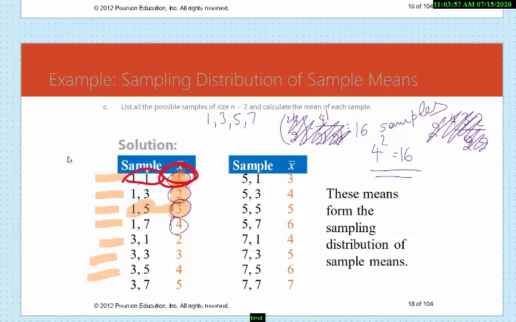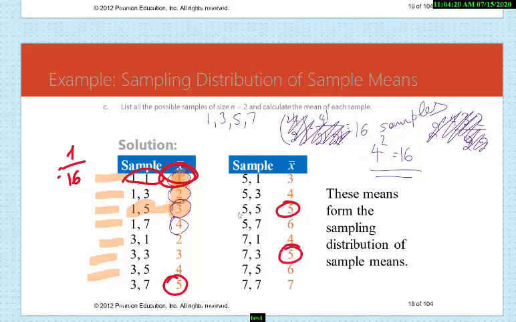So 1 over 16 is the probability to get a sample out of my sampling distribution that has a mean of 1. In the same way, how many do I have that have mean 5? Let's look at them. 1, 2, 3. 3 fives here.